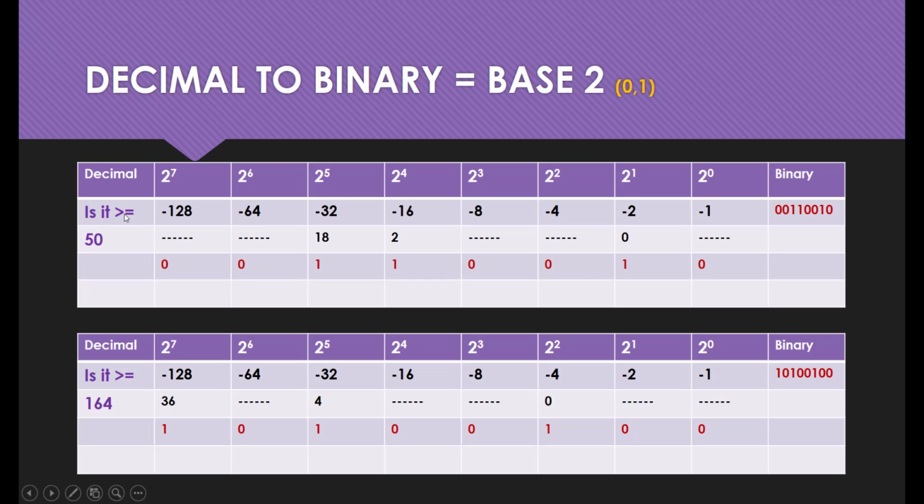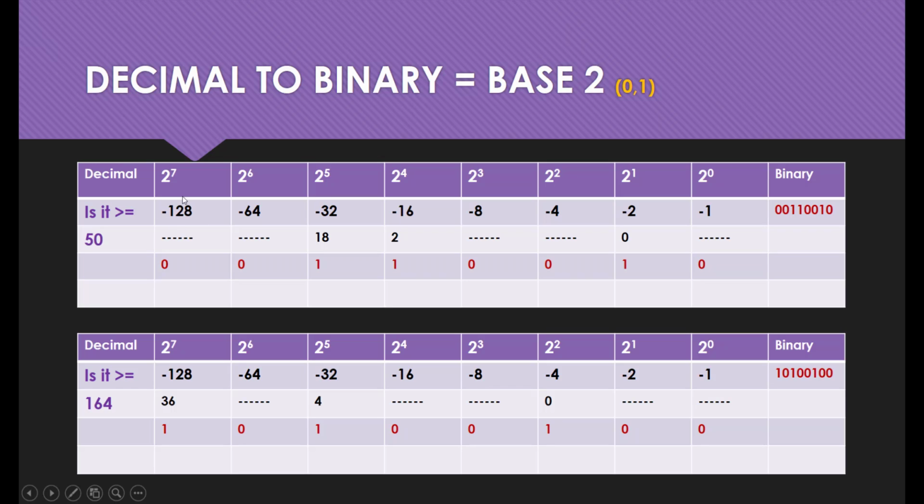So how does this work? How do we use this table? What we do is we first get the decimal number we want to convert, which is 50, and with this table, because we took it from the other table that we used, you pass this 50 to this first portion of the table, and you say is 50 greater or equal to 128?